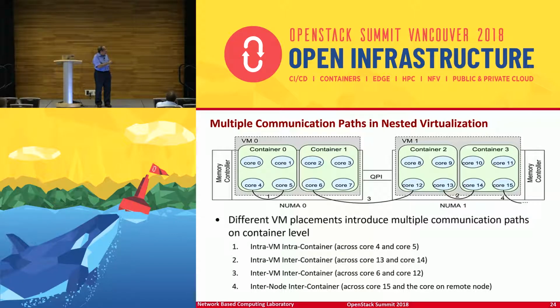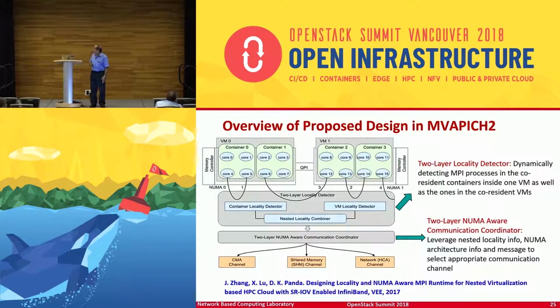Whereas cores 13 to 14 are intra-VM but inter-container, so the communication goes across containers. Similarly, you can have 2 other combinations: inter-VM, inter-container, like between 6 and 12, and internode inter-container, from 15 to another node. So to get the best performance, you have to optimize all these 4. That is the bottom line.